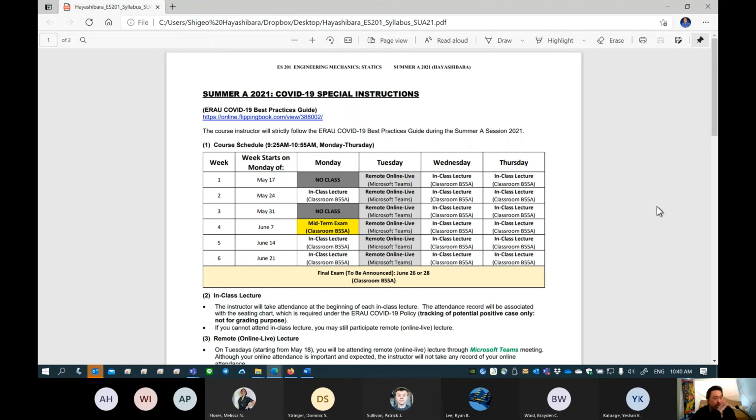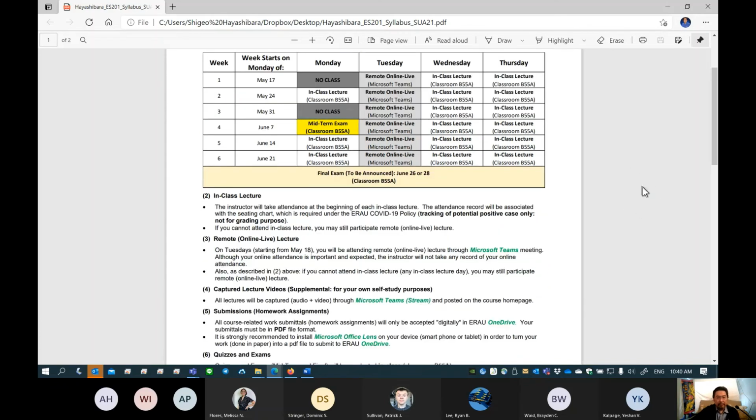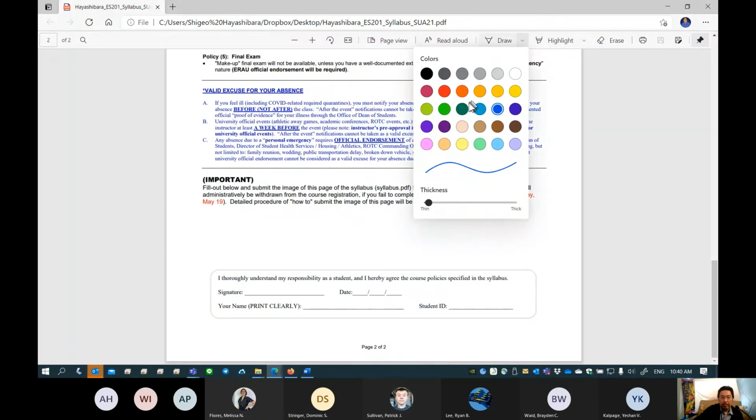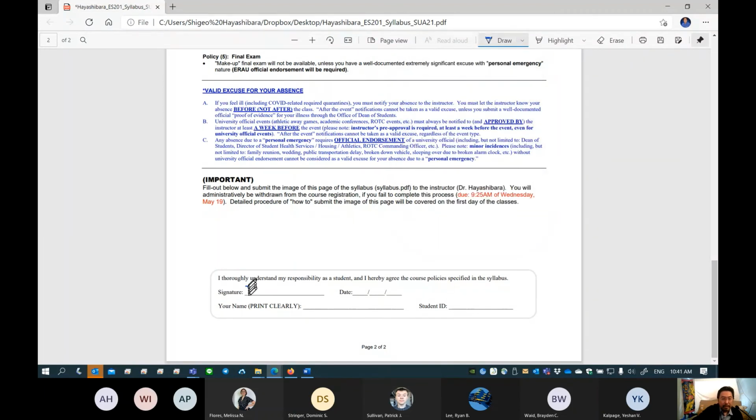Now you have 2 choices. You can actually print it out on paper if you want to, that's fine. Or if you have a device, you can use your device. I'm going to use my device. So this is the syllabus, 2 pages. And at the bottom of the second page, I'm going to sign it. Actually, Annie is going to sign it. Oh, this is a signature, sorry.